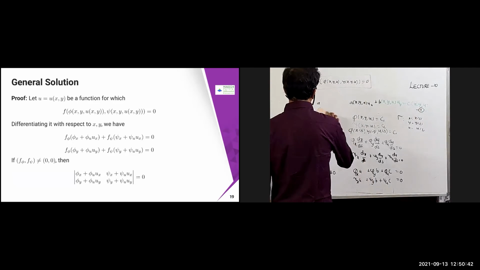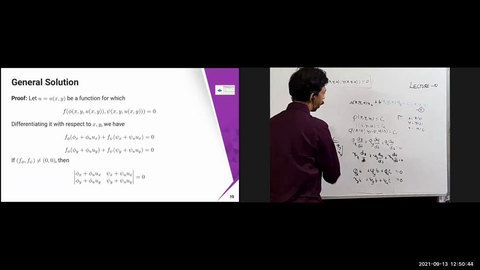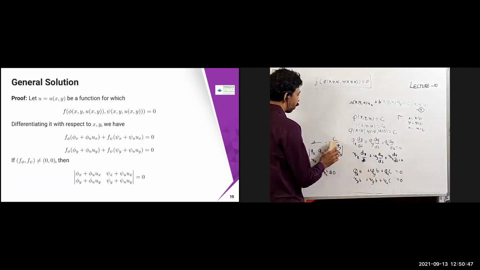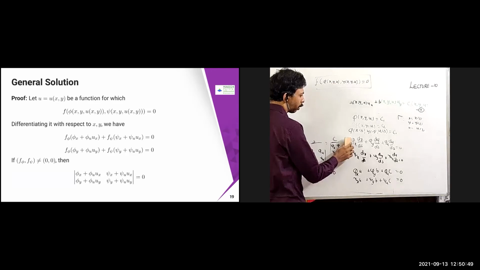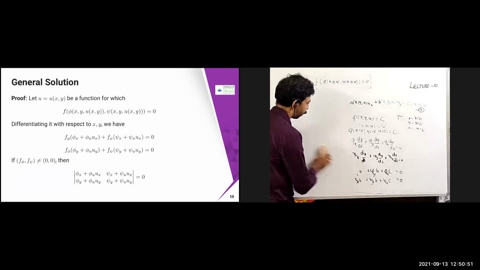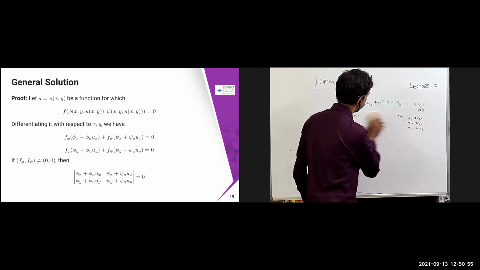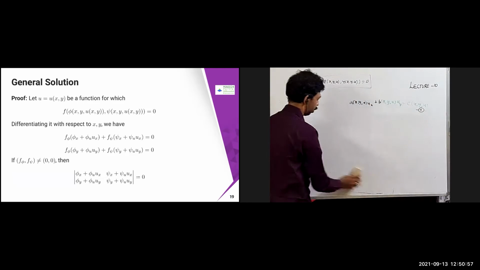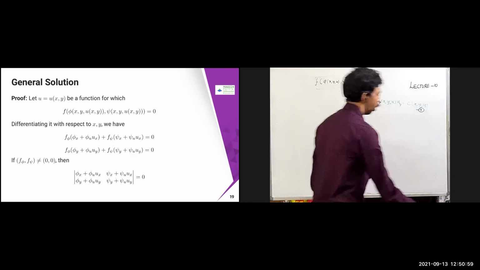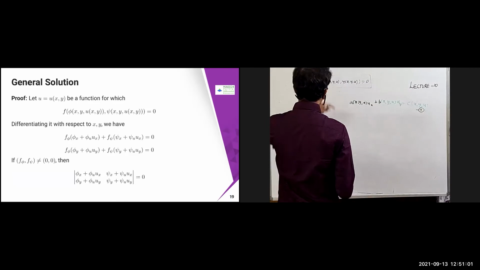Suppose u equals u of x comma y is a function which is satisfying this condition f of pi of x comma y comma u of x comma y. So u equals u of x comma y is satisfying this one.